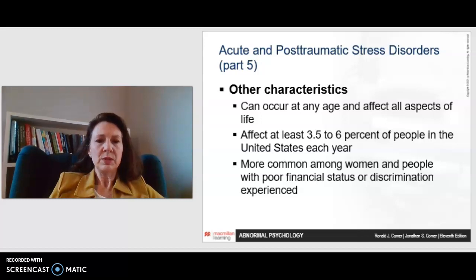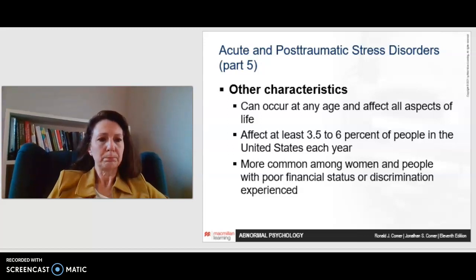Other characteristics to note: they can occur at any age and affect all aspects of life. They affect at least 3.5 to 6% of people in the United States every year. It's more common among women and people with poor financial status and discrimination experiences.